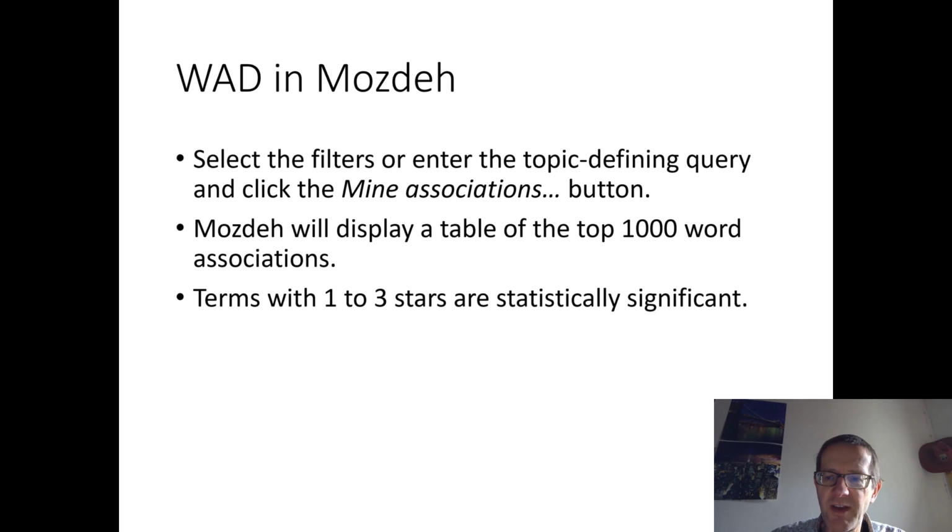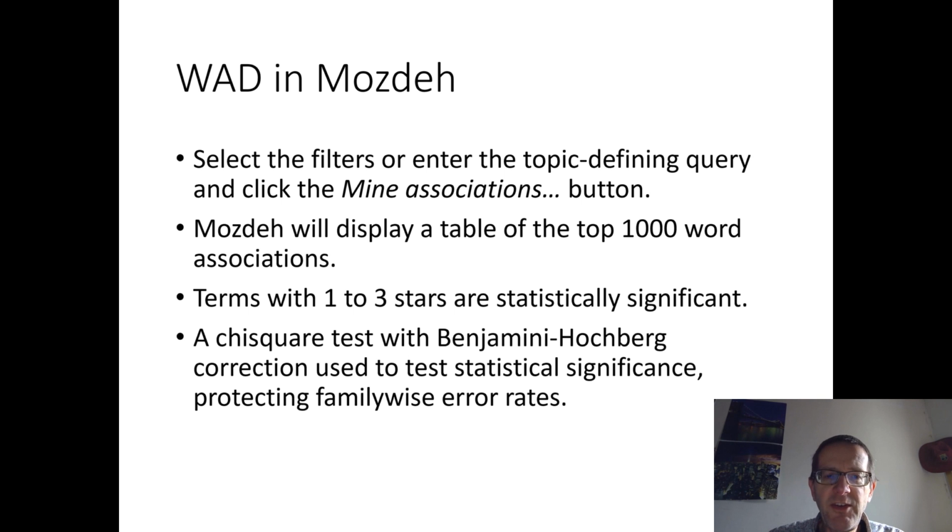So any number of stars means statistically significant. More details are given by Mozdeh. And the statistical test it uses is a chi-squared test with a Benjamini-Hochberg correction. So if you want more information about that, it's given on the Mozdeh website. But it's a safe method, or relatively safe method, of identifying significant differences in the data.